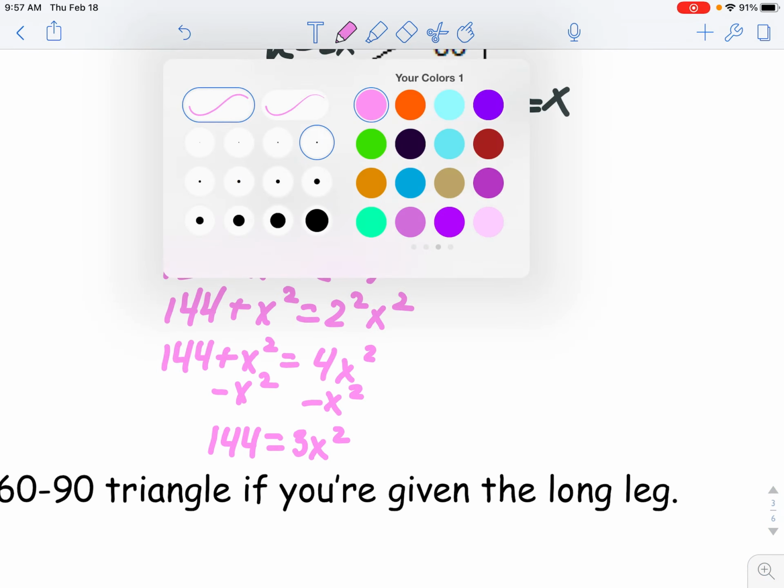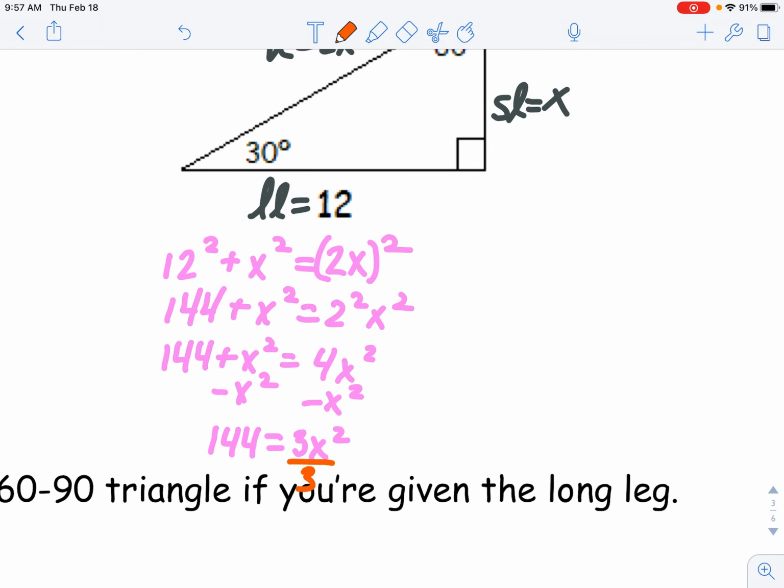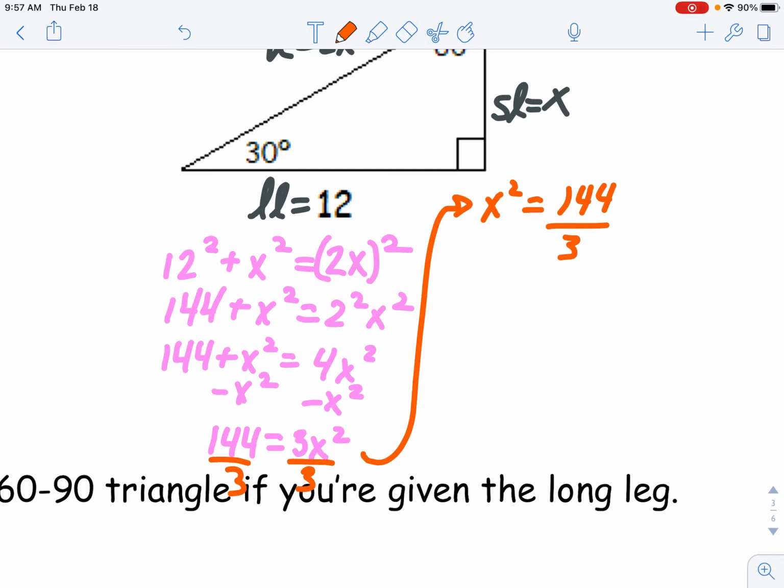Cool beans. Headed in the right direction. I'm going to divide both sides by 3, and we're going to get x squared equals 144 divided by 3. Take the square root of both sides. That's going to make it the square root of 144 over the square root of 3, which is going to become x equals 12 over radical 3.